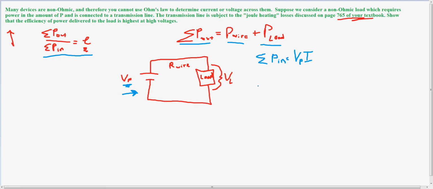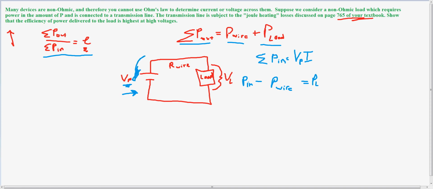So what I then do is I take the power of the wire and I take the power of the input and I minus them, and that will equal the power of the load, because the power in is coming around or being used right here.